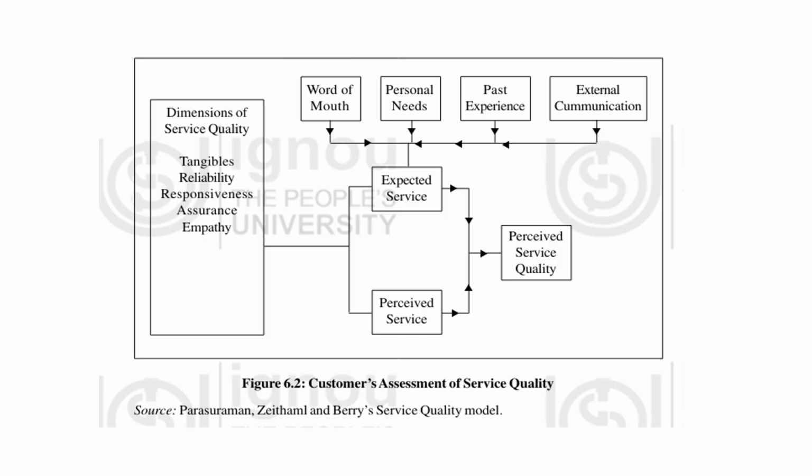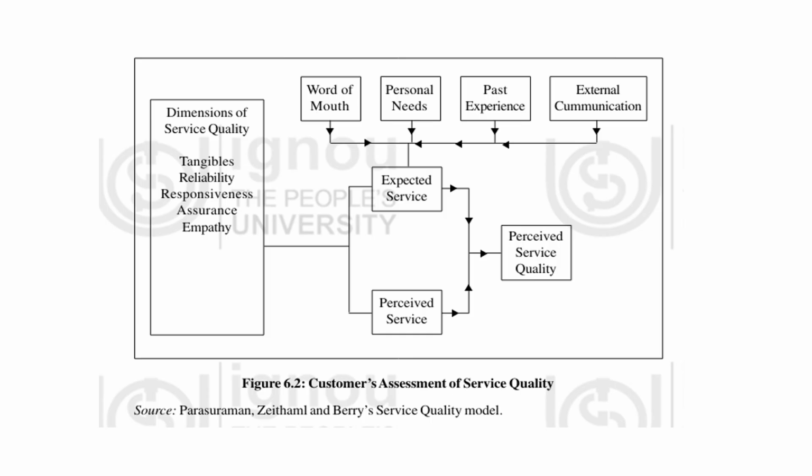It illustrates what shapes customer expectations, what shapes customer perception, and how service quality is ultimately assessed. If you take a look at the diagram, you'll see factors that influence customer expectations at the top. The word of mouth, personal needs, past experience, but also external communication.